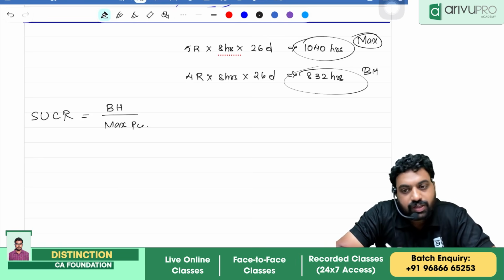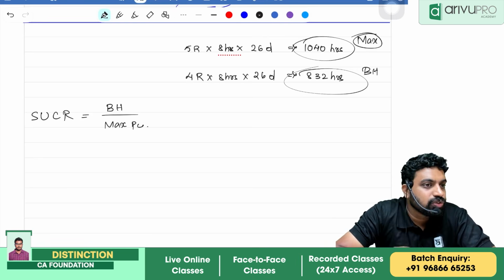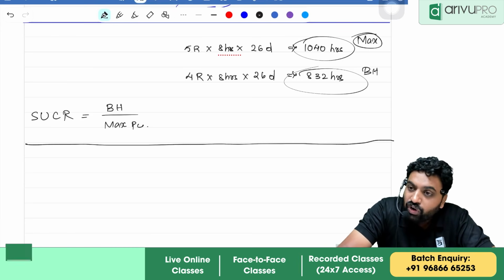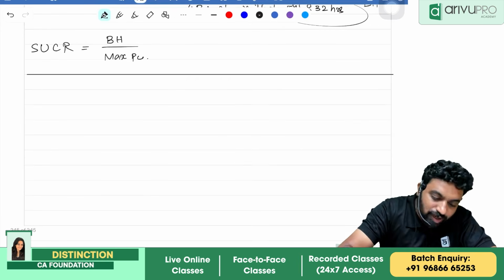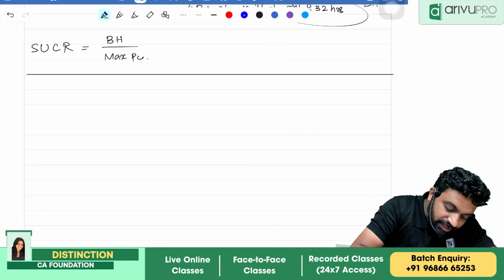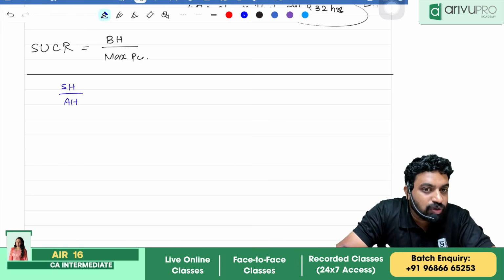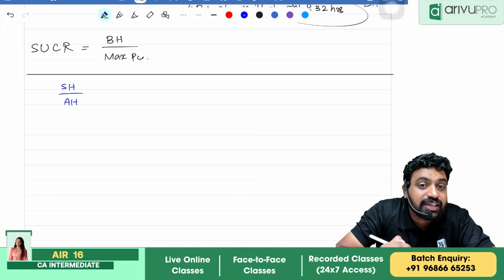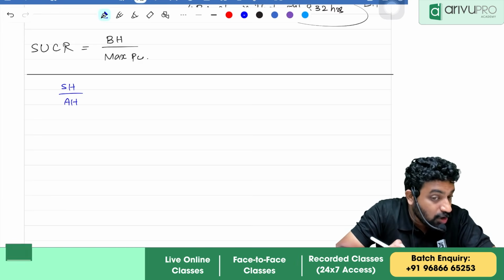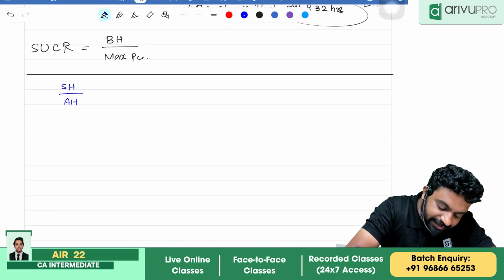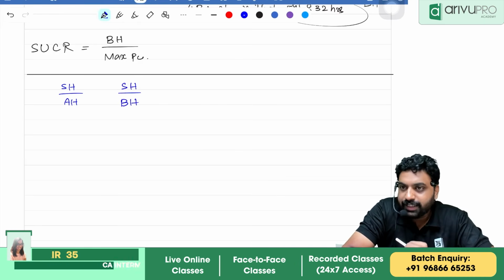80%. Standard usage capacity ratio. Is that clear, everyone? So far we have discussed 4 ratios. First ratio was efficiency ratio, standard hours by actual hours into 100. Then we discussed about activity ratio, that is, how many hours of work you have completed in the budgeted hours, that is standard hours by budgeted hours.